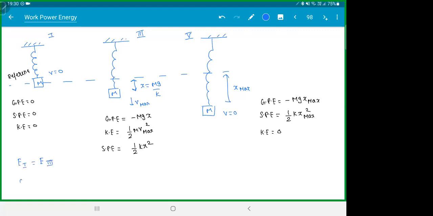If you equate these two, 0 equals minus mgx, that is minus m square g square by k, plus half m v square, plus half kx square, which is again m square g square by k square. You end up with v equal to g into root over m by k.